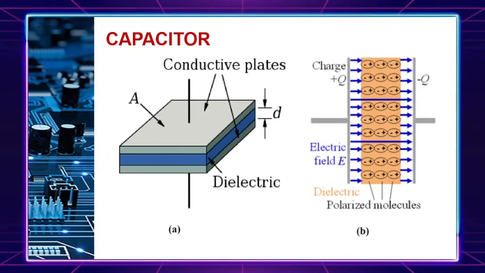A capacitor is made up of two conductive plates separated by a dielectric. So what is a dielectric? A dielectric is a substance, especially one used in a capacitor, used to maintain an electric field between the plates. Look at the illustration of how the electric field is maintained when there is a flow of current.